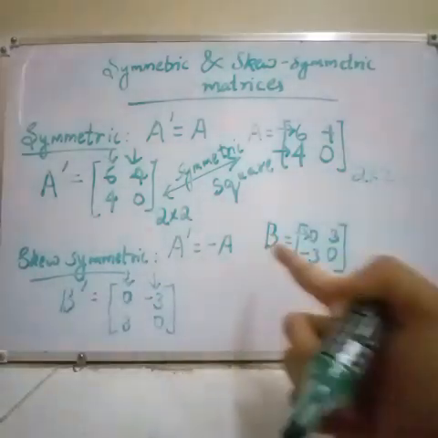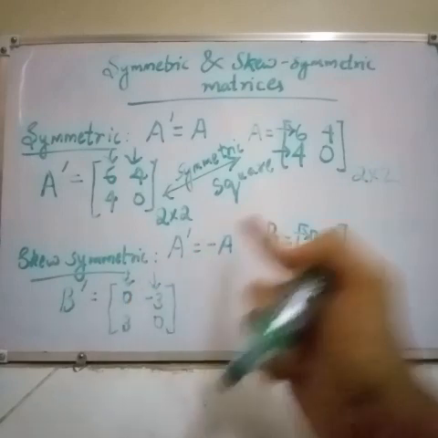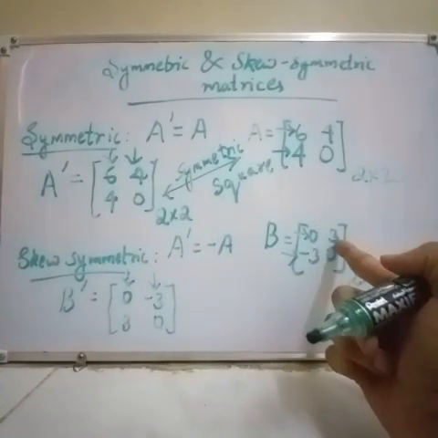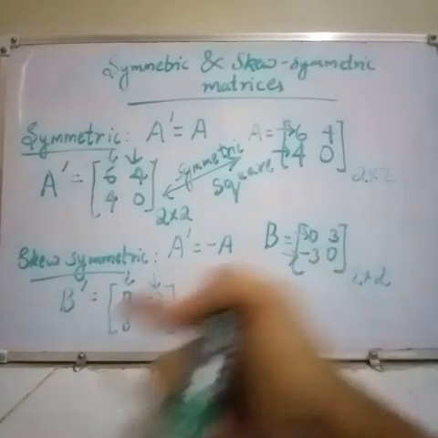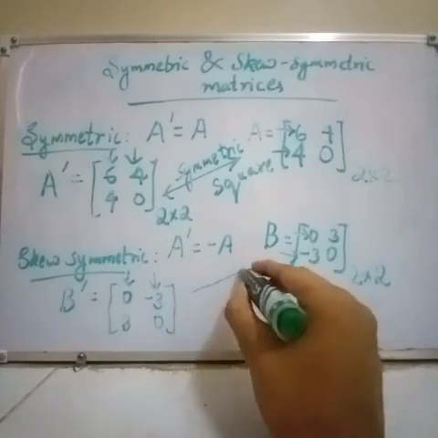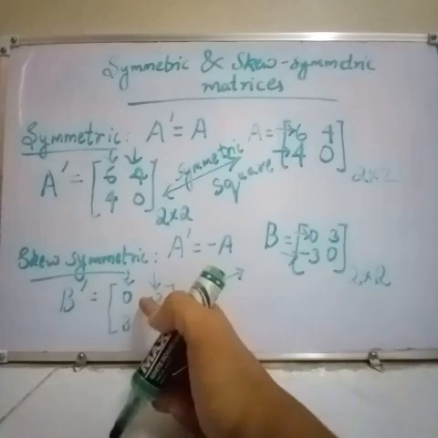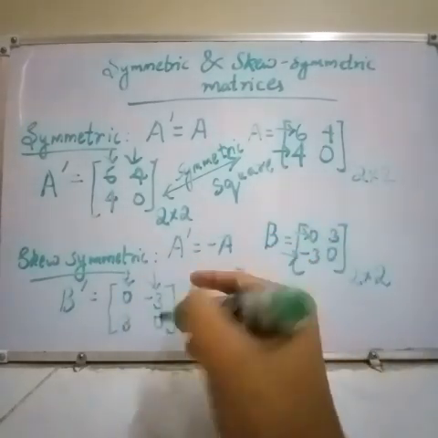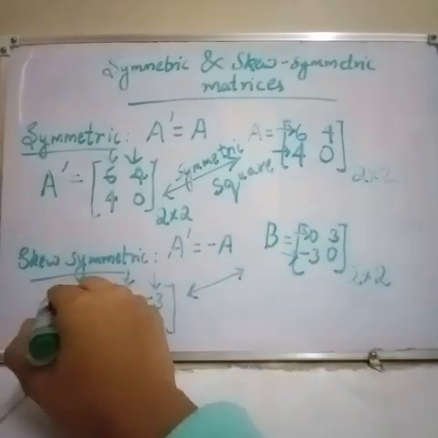If you compare both matrices, B and B complement, instead of 0 we have 0, instead of 3 we have minus 3, instead of minus 3 we have 3, and instead of 0 we have 0. Both matrices have the same elements, just the sign is opposite in each case. So B is equal to negative B complement.